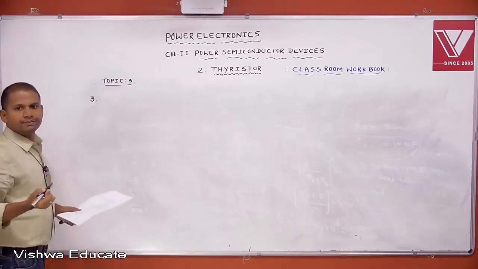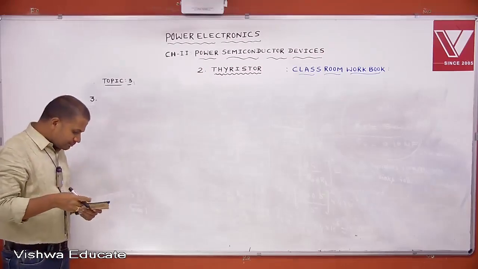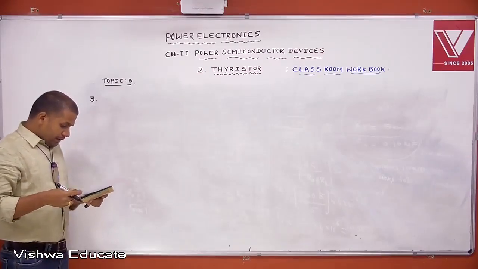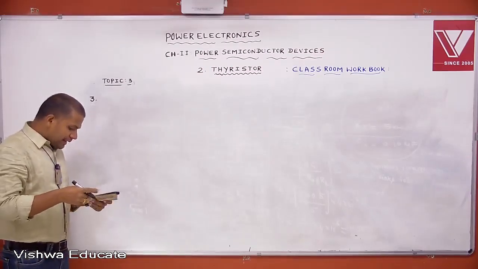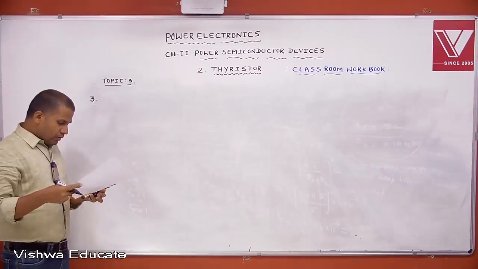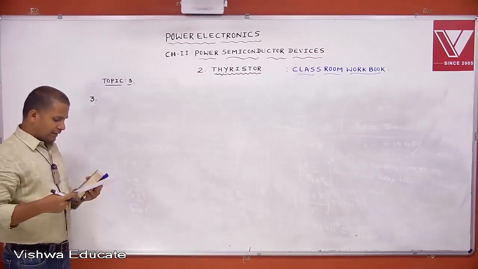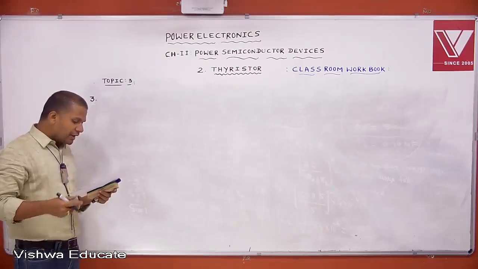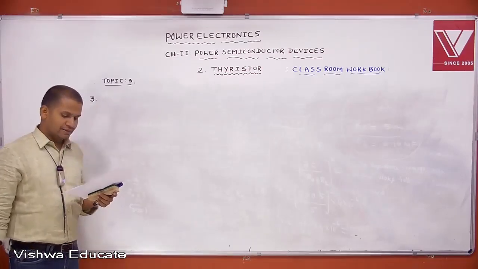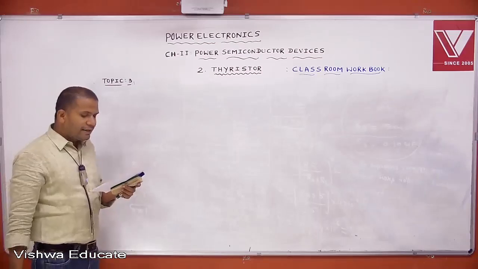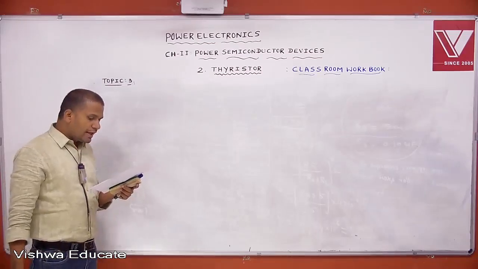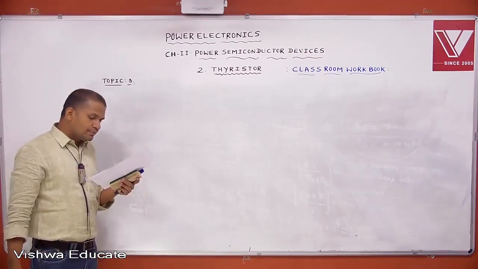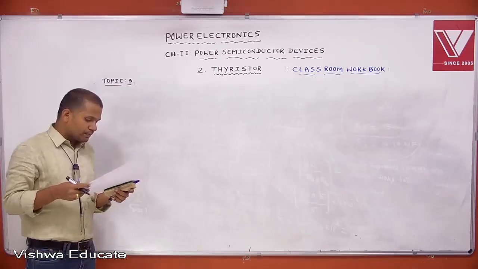Question number 3. A thyristor converter of 415 volts 100 amperes is operating at rated load. Details of the thyristor used are as follows.